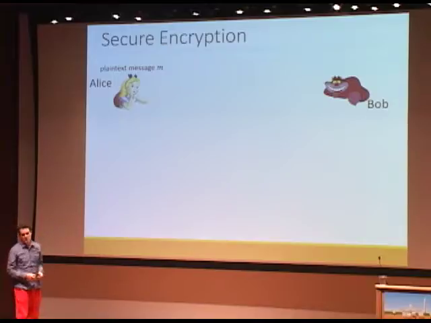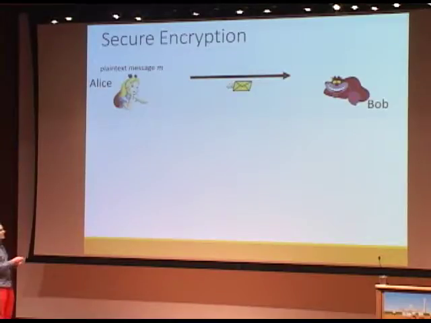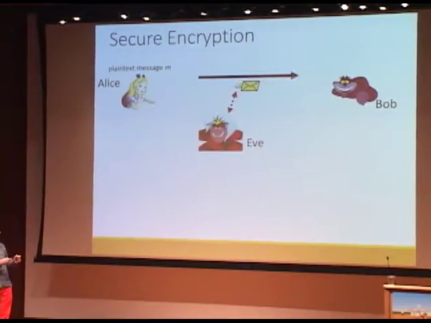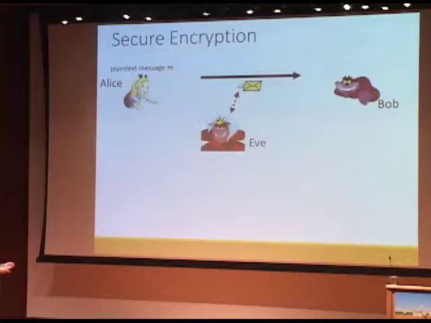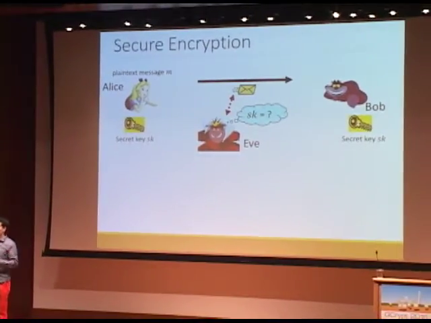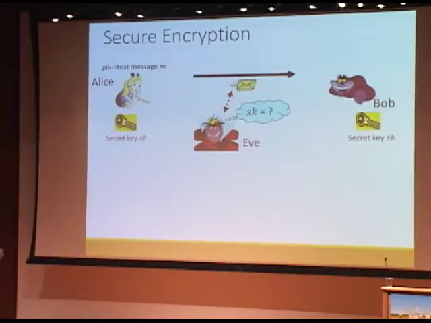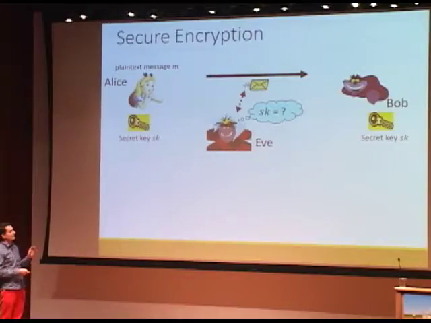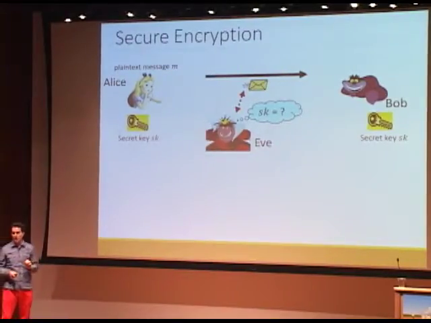So in a setting of encryption, we have our two heroes, Alice and Bob. Alice would like to send this plaintext message M to Bob over this channel. Unfortunately, this channel is overheard by the evil eavesdropper, Eve. We assume in this setting that Alice and Bob already share a secret key. Maybe they have run QKD and have some nicely established secret key, a classical string that Eve doesn't know.